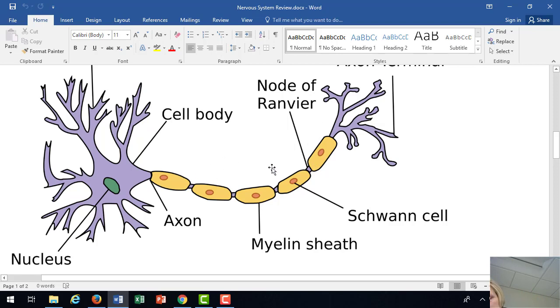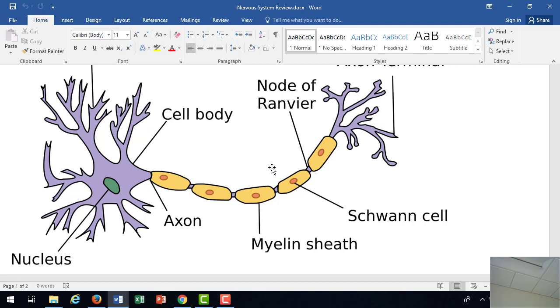So that's the axon. And what we find on the axon are lots and lots of voltage-gated channels. Like I said, it starts at the axon hillock and then it continues down. So voltage-gated sodium and potassium channels is what we find on the axon. Then looking at the axon, some axons are myelinated, so that myelin sheath is an insulator.